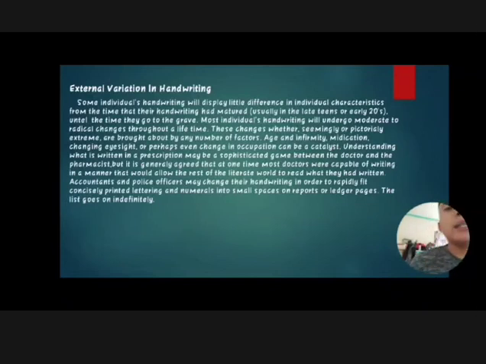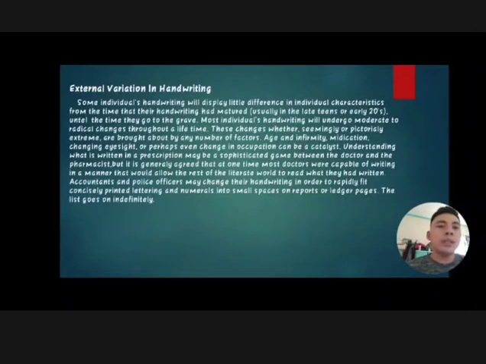External variation in handwriting. Some individuals' handwriting will display little difference in individual characteristics from the time that their handwriting had matured, usually in the late teens or early 20s, until the time they go to the grave. Most individuals' handwriting will undergo moderate to radical changes throughout a lifetime.